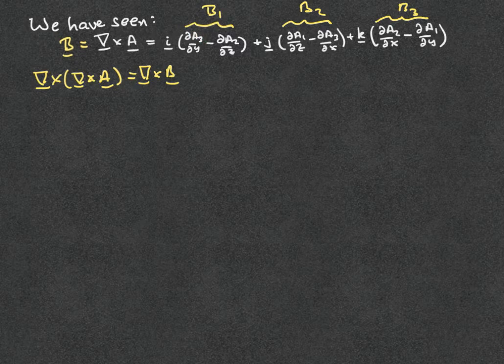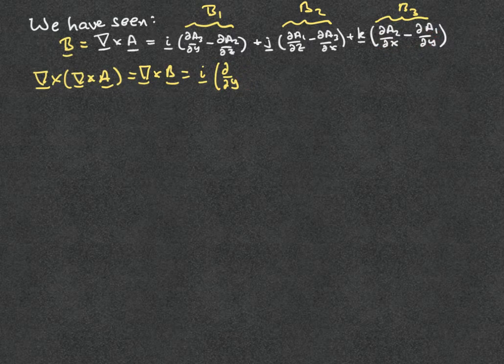So what we're going to obtain is that this is equal to, in the i direction, d by dy acting upon, and now instead of A3 we write B3, so that's this combination expressed in terms of A's.